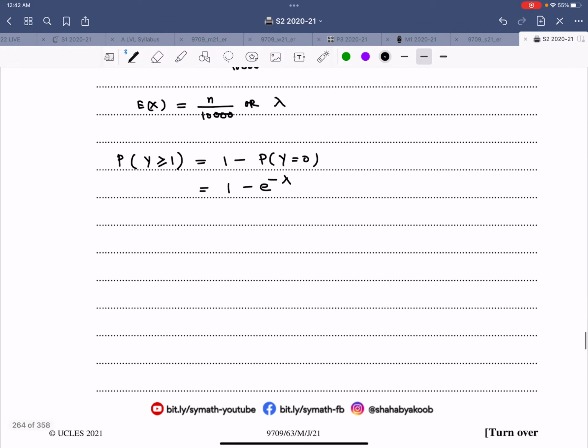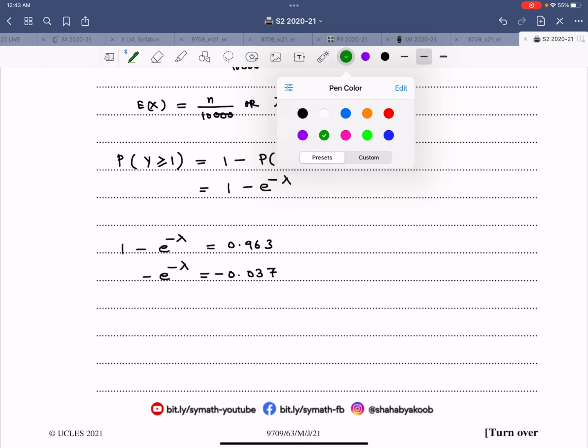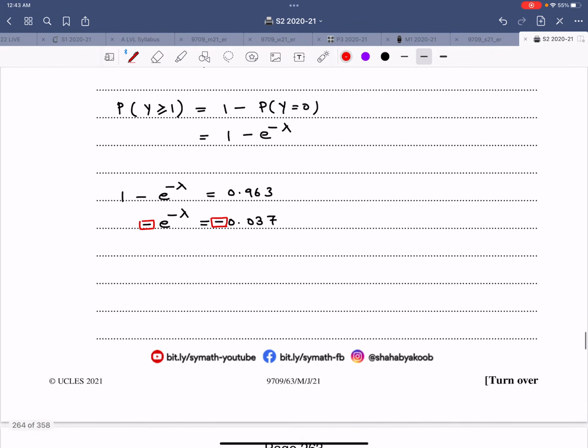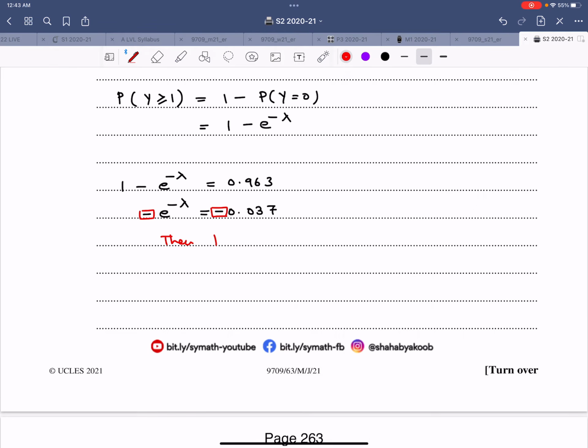And this value is 0.963. So 1 minus e raised to power of minus lambda is 0.963. And negative e raised to power of minus lambda is 0.963 minus 1, which is negative 0.037. Get rid of this negative sign. Get rid of this negative sign. And then take natural log of both sides.